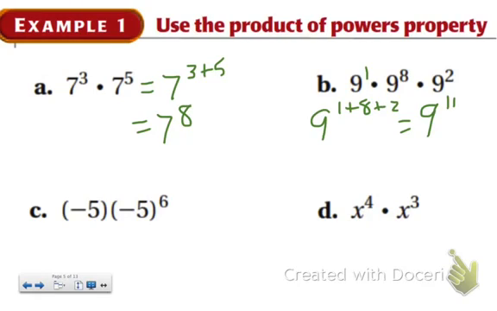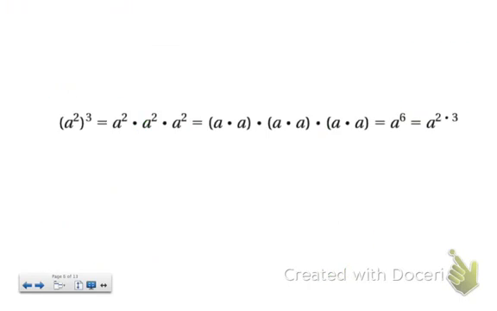So 9 to the 11th power. Down here, even though it's negative, they're still the same, so the same rules apply. That's negative 5 to the first power, so that becomes negative 5 to the 1 plus 6, or negative 5 to the 7th power. And down here, x to the 4th times x cubed is just x to the 7th.